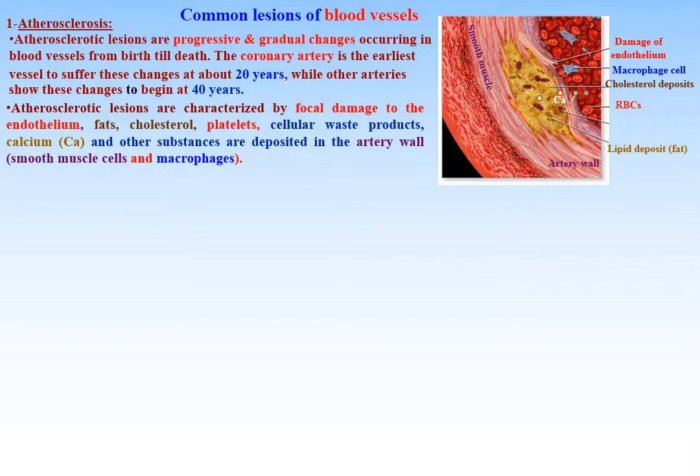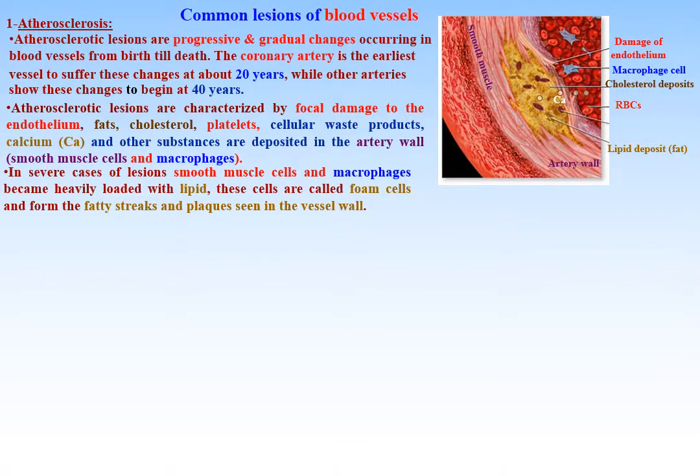In severe cases of lesions, smooth muscle cells and macrophages become heavily loaded with lipids. These cells are called foam cells and form the fatty streaks and plaques seen in the vessel wall.